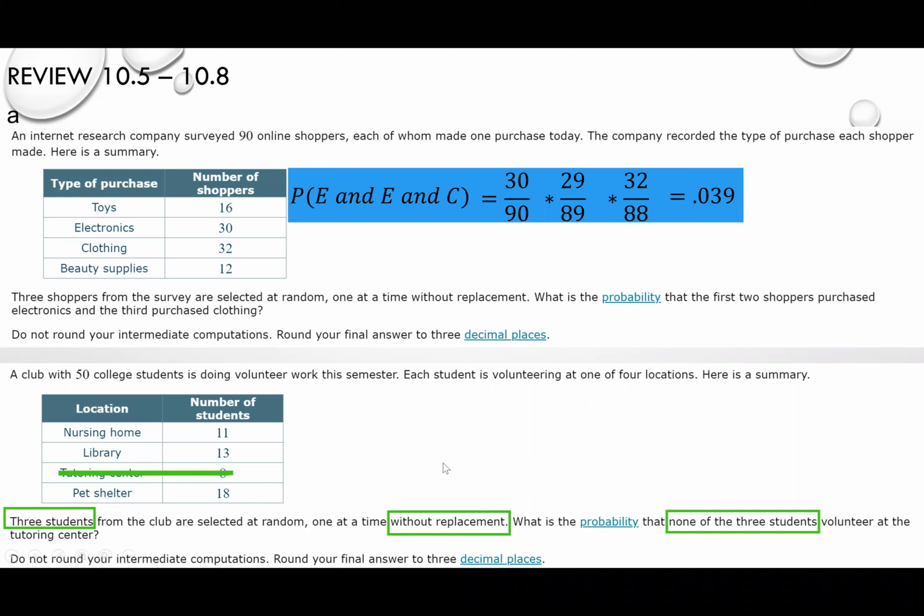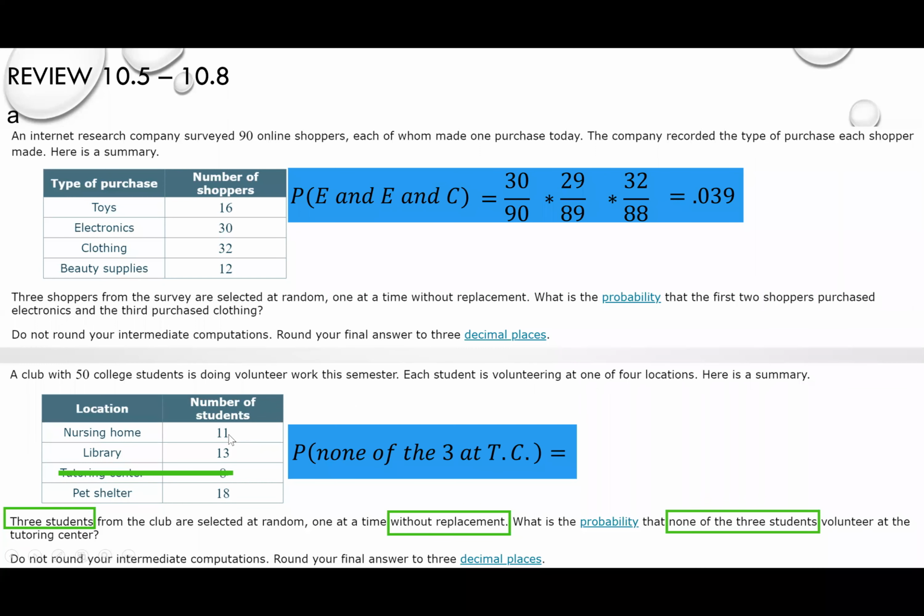Do you agree that this 11, this 13, and this 18, if I add them together, I will have 42 students out of the 50 who volunteer not at the tutor center, because there are 8 at the tutor center and the leftover will be 42, right?